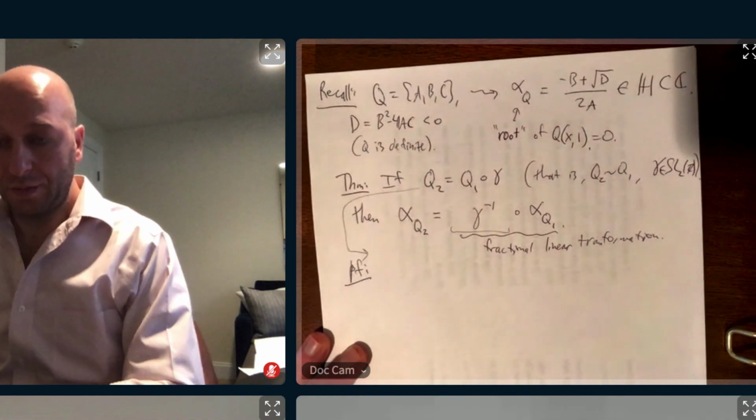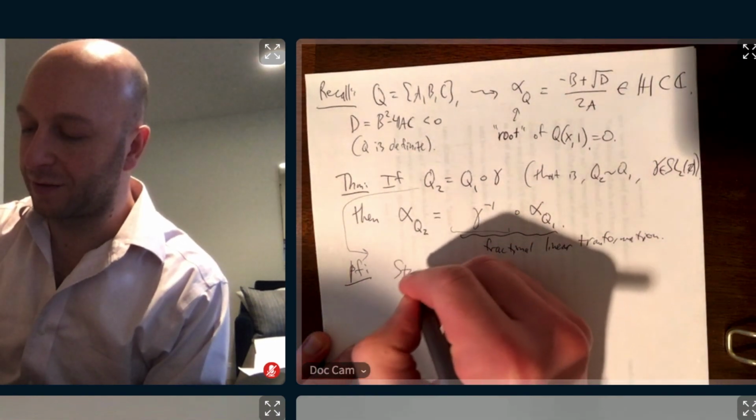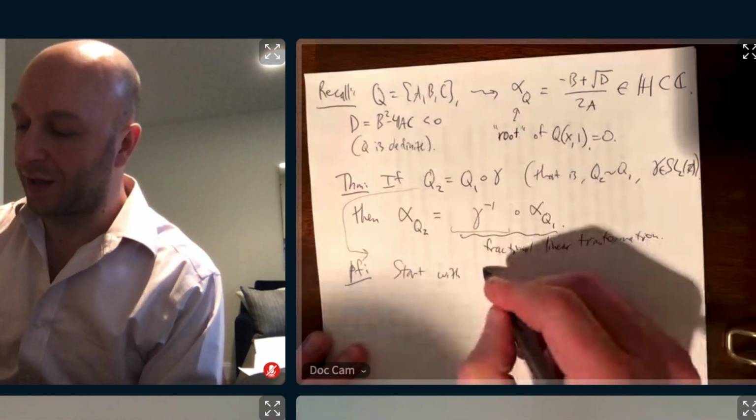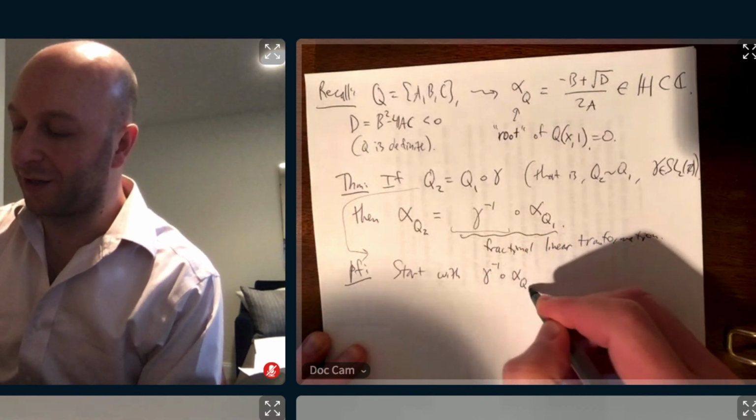So the thing that we have to prove, let's start with gamma inverse, the fractional linear transformation, acting on alpha of Q1.